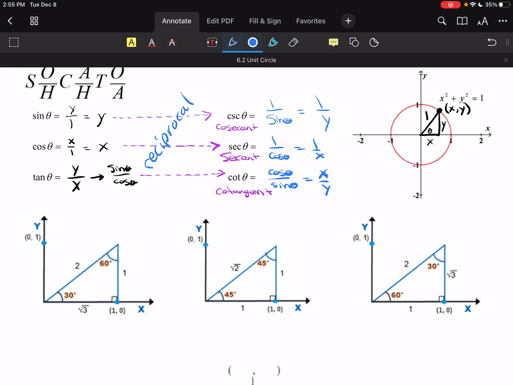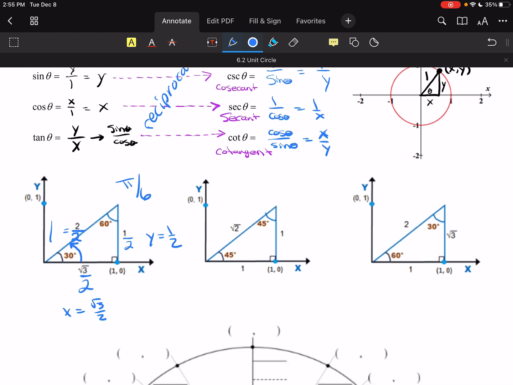So looking at my 30-degree measure, I'm going to have to divide everything by 2, which would give me my radius, or my hypotenuse, of 1 that I'm looking for. So this is dealing with my pi over 6. I would get an x equal to the square root of 3 over 2, and a y equal to 1/2.